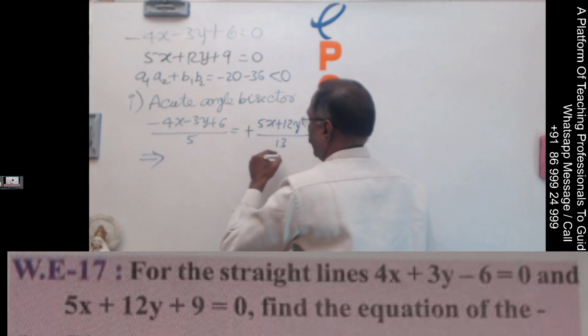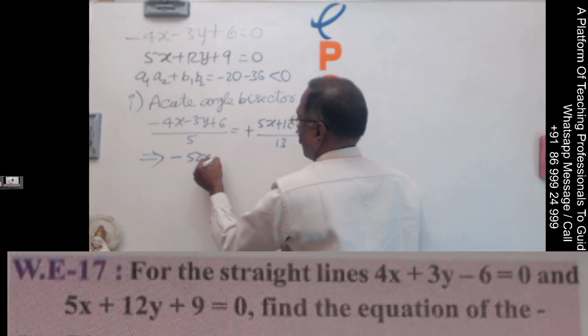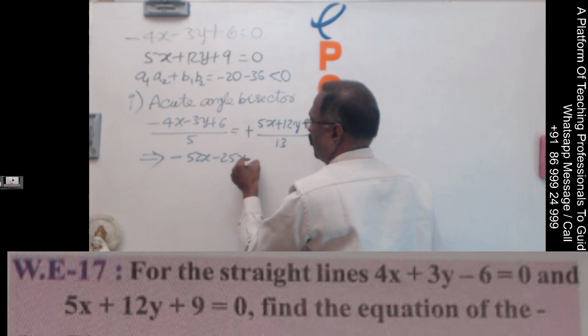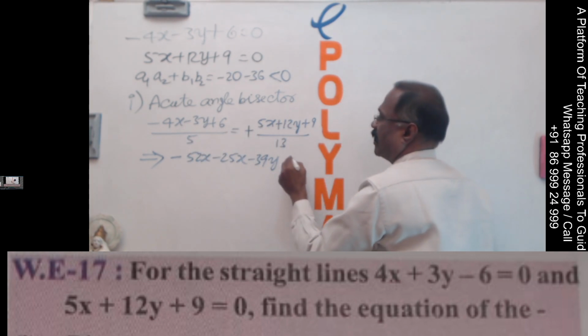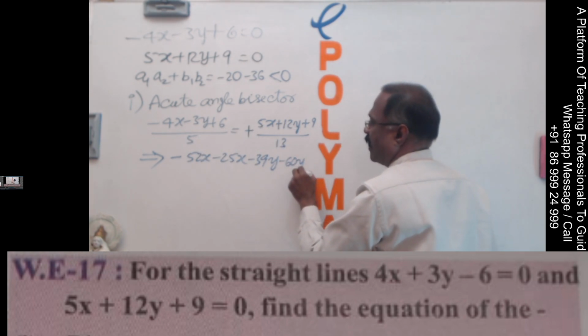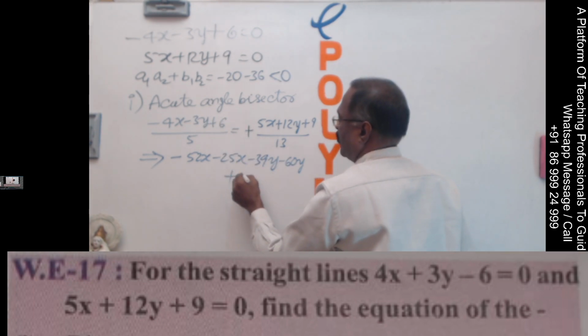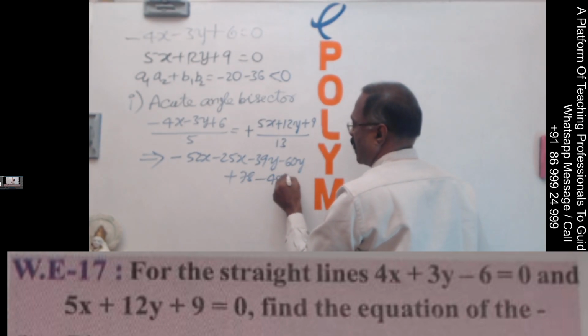Simplify this. It is minus 52x, minus 25x, minus 39y, minus 60y, and the constants are 78 and 45.